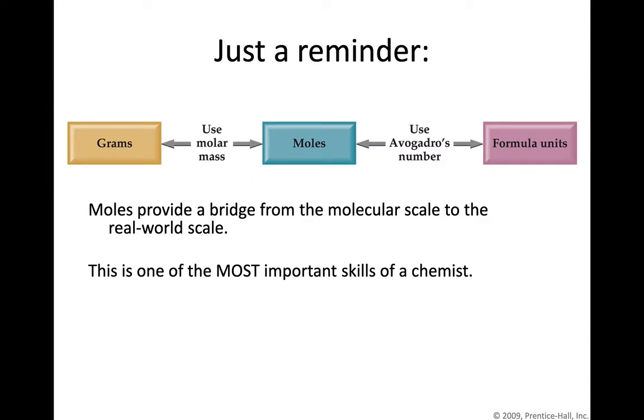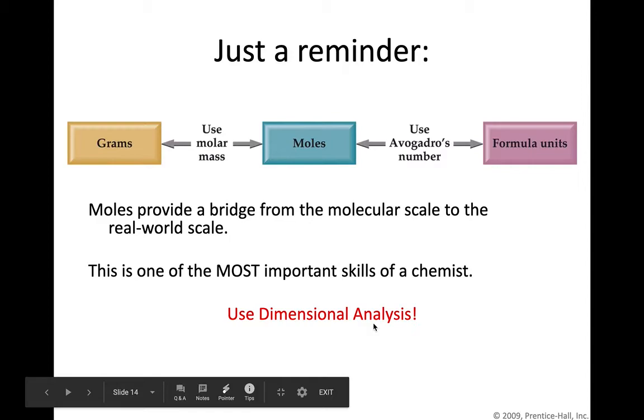It's probably one of the most important skills, both as a chemist and as an aspiring chemist taking the AP test. Be able to keep track of your units. It's not just for conversions, but for any problem really. Keeping track of units using dimensional analysis is very, very helpful.